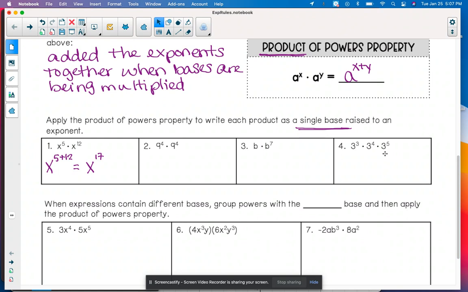Okay, for the next one, 9 to the 4 times 9 to the 4, so 4 plus 4, so we get 9 to the 8th.